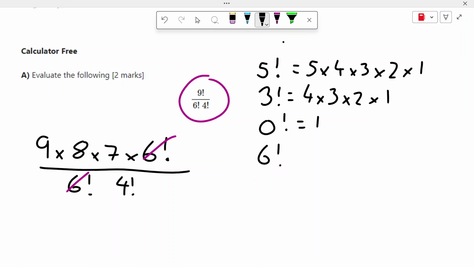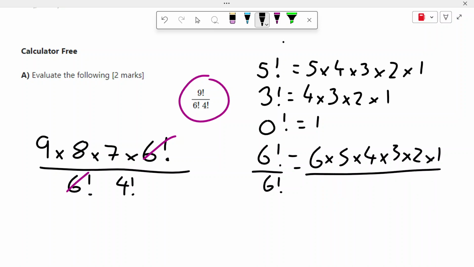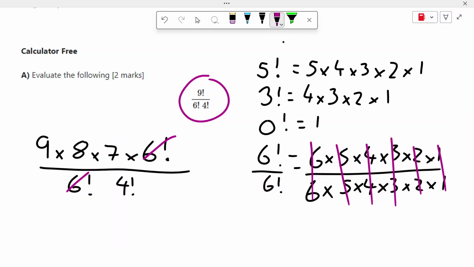You have 6 factorial and 6 factorial. They both represent 6 times by 5 times by 4 times by 3 times by 2 times by 1. Same deal underneath it. And so you can cross out every single one of them, which means you can cross the whole thing out.